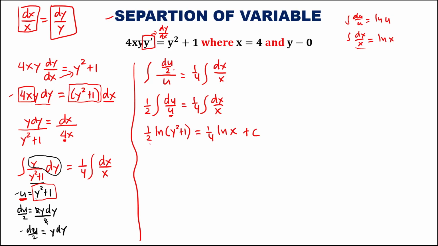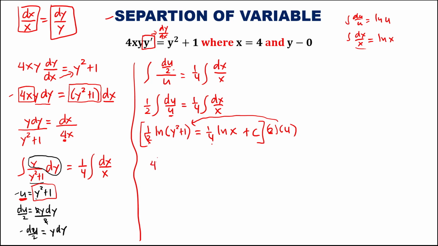Then to eliminate this denominator, we need to multiply the whole equation by these two denominators. So this becomes 2 times 4. Then to distribute, we can cancel these 2, but we still have 4.